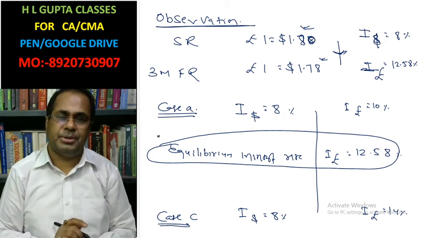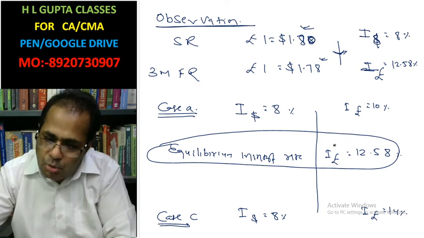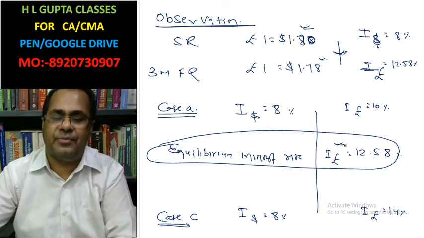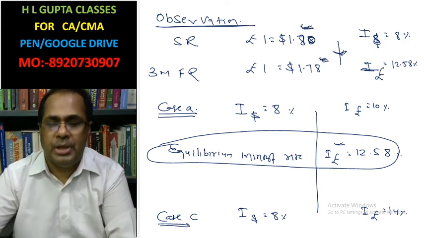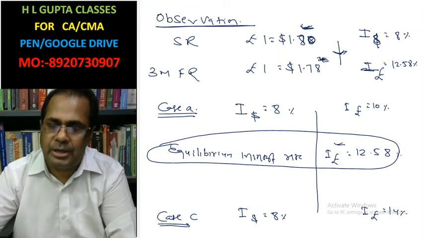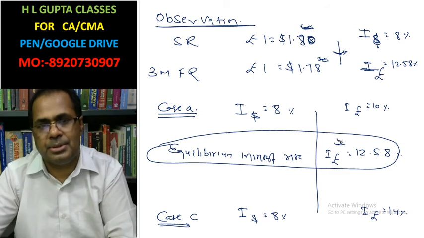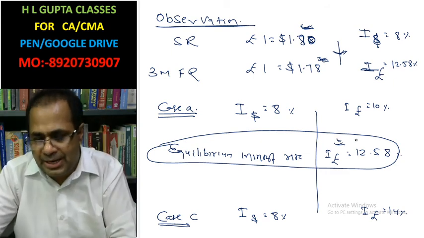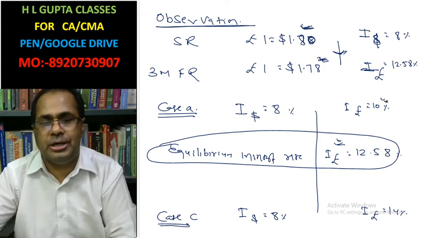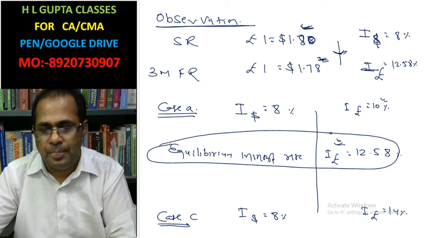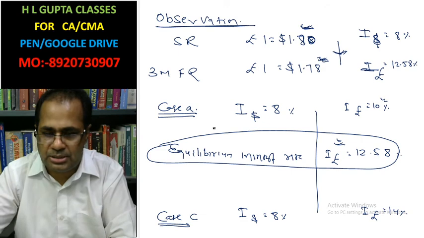But interest rate of pound should be 12.58% at this spot rate and this 3-month forward rate. If interest rate of pound is lower than 12.58%, as we saw in part A, then UK investment is not a better decision. USA investment is a better decision.